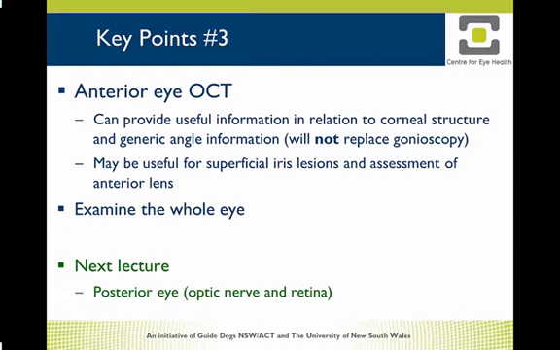So as far as the anterior eye OCT is concerned, there is very useful information that can be provided. But assessing the angle is one of the things that we'll talk about later on in some subsequent lectures. You cannot replace anterior eye gonioscopy with anterior eye OCT. It is some additional useful information that is helpful for you to manage the patient. In addition to that, the anterior eye OCT can be used for a variety of iris lesions and assessment of the anterior eye.